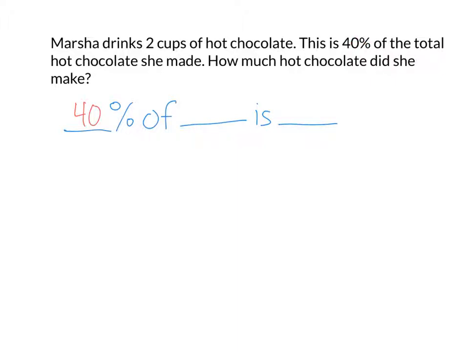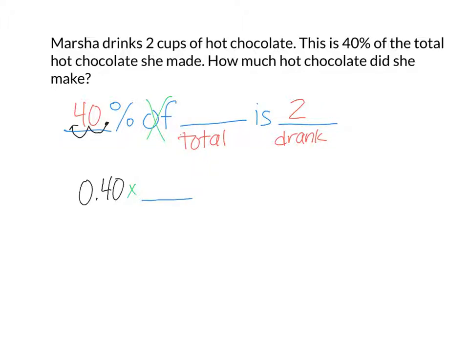So 40% of the total, so of the total is the amount that she drank. Do we know the total amount of hot chocolate she made all together? No, we don't know that yet. So we are going to have to leave this blank. Then we do know, though, that the amount that she drank is 2 cups. So I can put a 2 right here. Now I'm going to solve like before, where I always change my percent to a decimal. Of always means times.